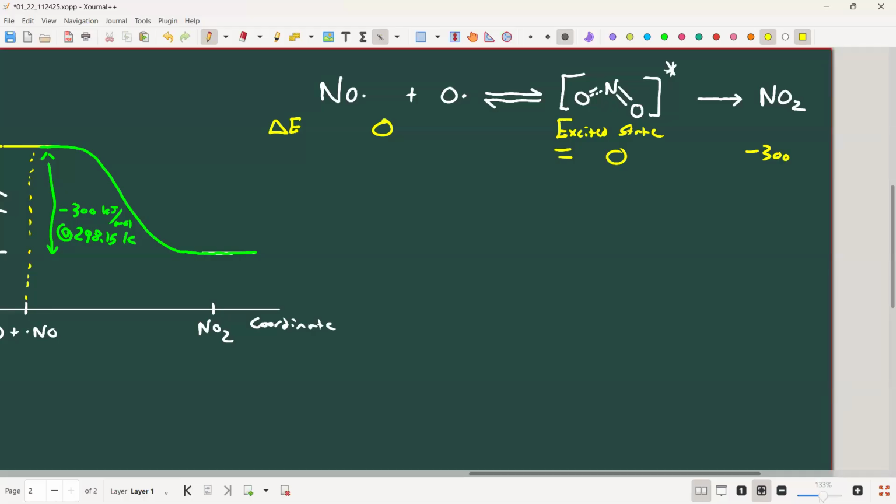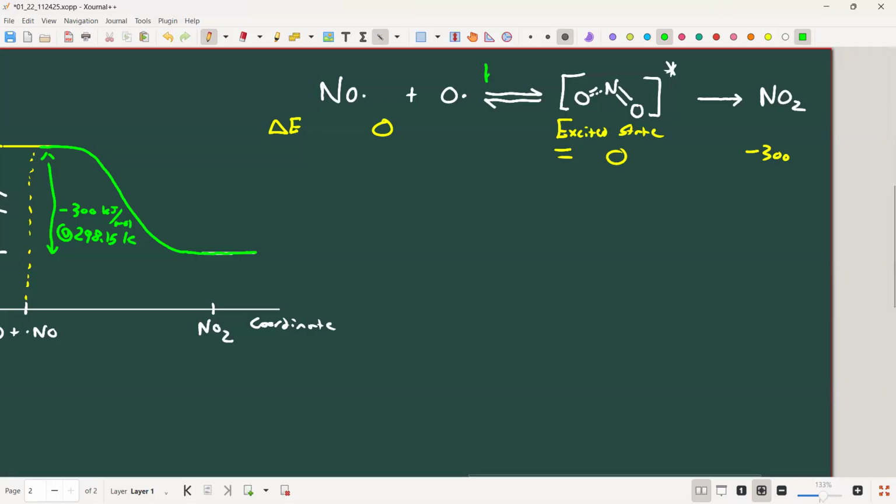Remember, because of microscopic reversibility, anything that can go forwards can go backwards. So if it's really easy for NO and O to go to this point, it's just as easy and likely that this goes back. The equilibrium constant here is 1.